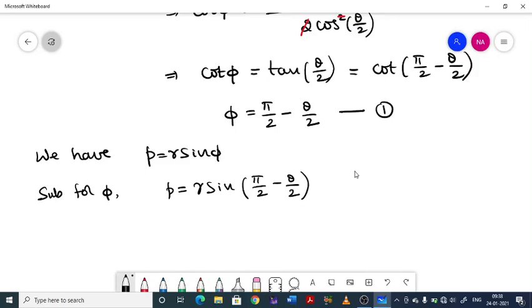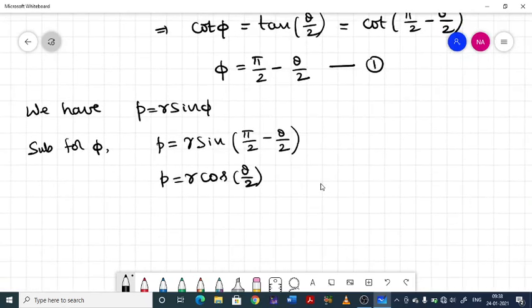So sin of pi by 2 minus theta by 2 will be cos of theta by 2. So it becomes p equal to r cos of theta by 2.